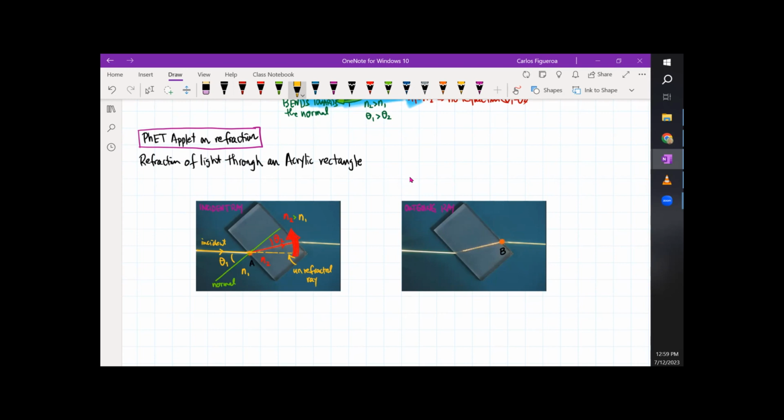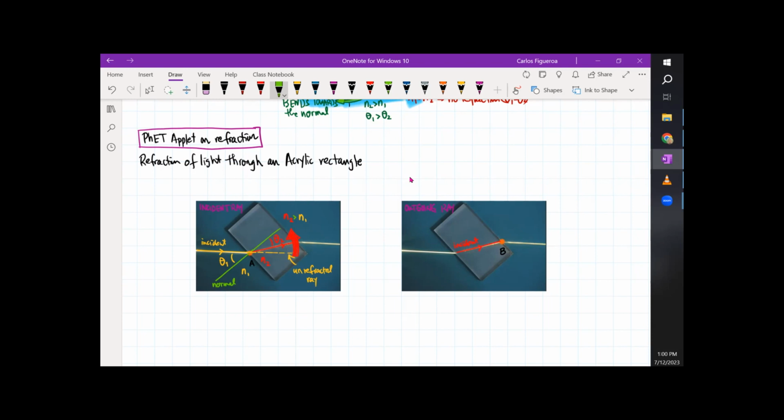Now I can do the exact same thing here. Now I'm going to be looking at the outgoing ray from point B here. So now if I follow the same ray, it's coming in, right? And you can see here that for this situation, this is the incident ray. Oh, you know what I forgot to do here is put in my normal.